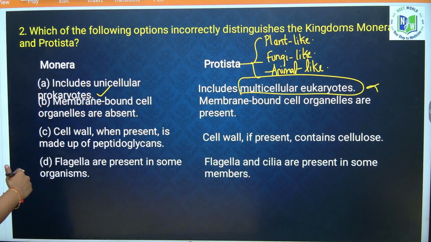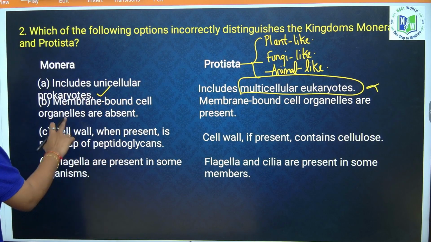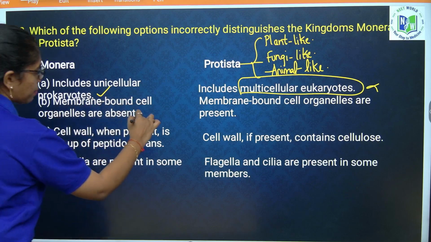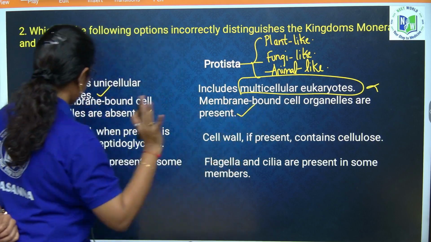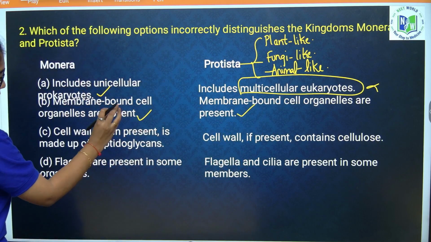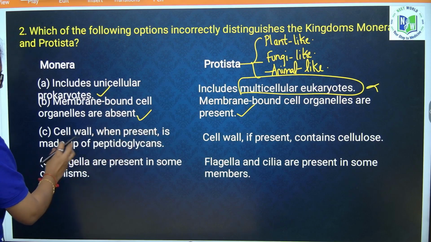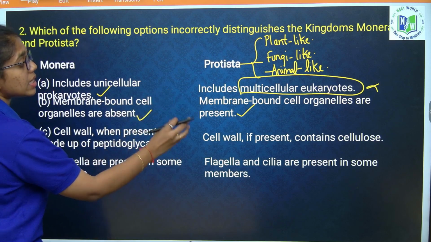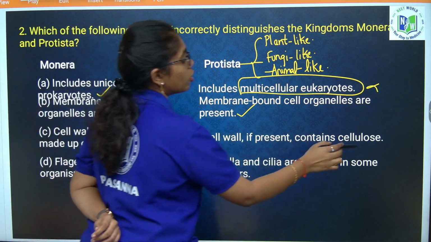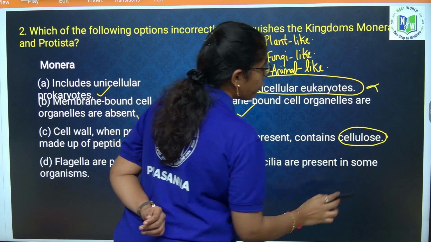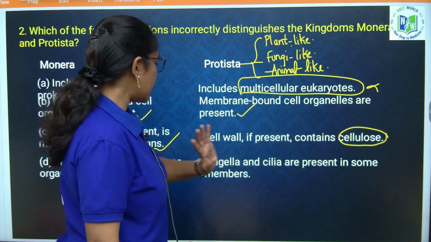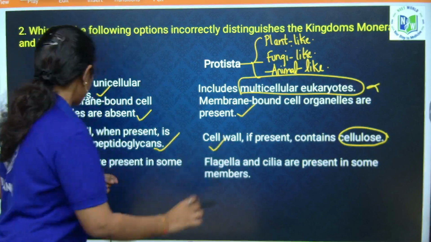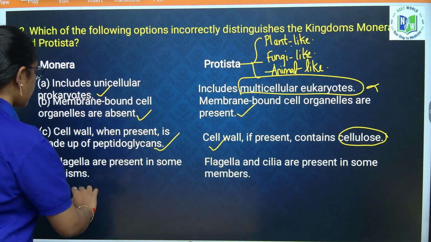So, what is the next point he is giving? First is wrong. Membrane bound cell organelles are absent, correct with respect to Monera. Membrane bound cell organelles are present, true. Cell wall when present is made up of peptidoglycan, correct. Cell wall if present contains cellulose: in which type of protist? In plant-like protists the cell wall is made up of cellulose, true. Next, flagella are present in some organisms.